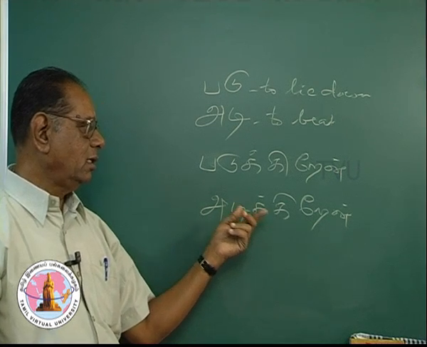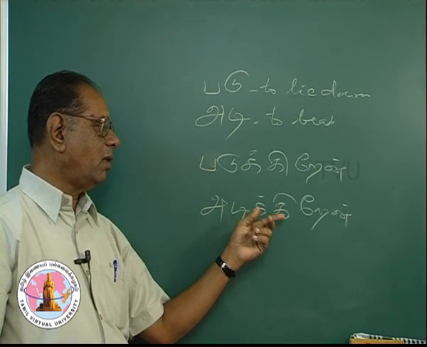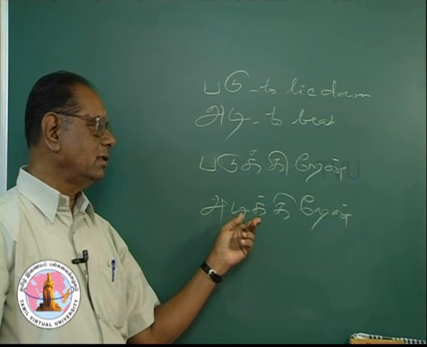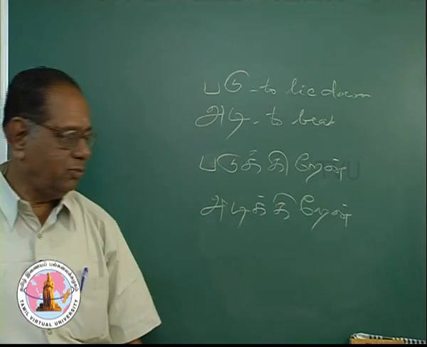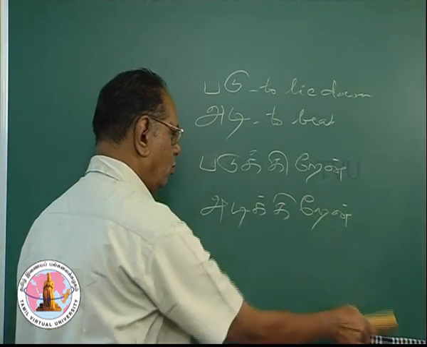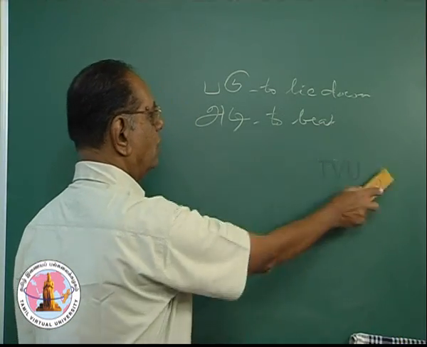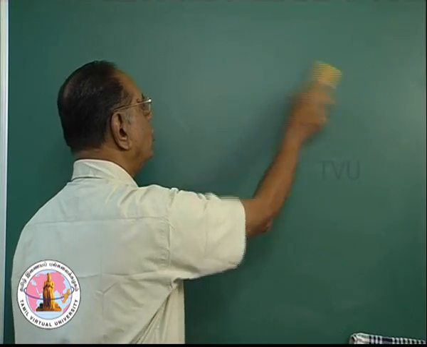That is, the consonantal form of ki, that is ik, is introduced. So, in all these verbs, you have one extra sound, extra letter being introduced.